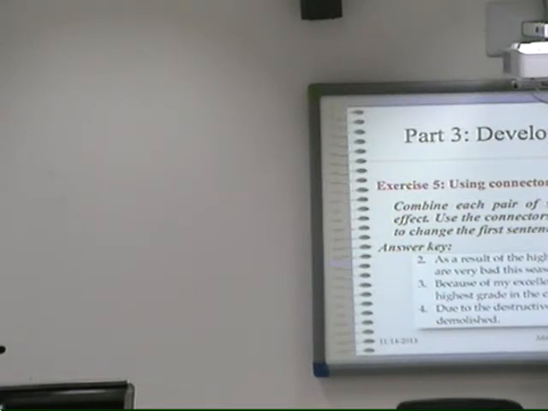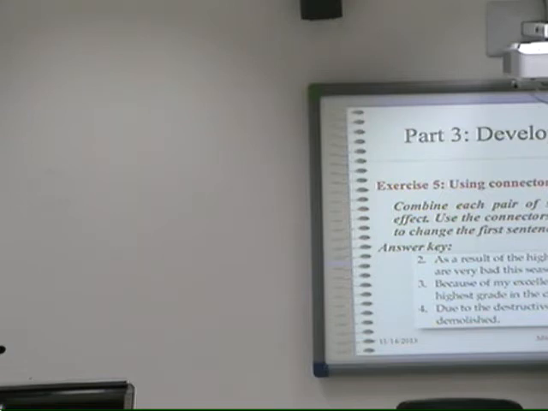Structure. Demolished. The building had to be demolished. Destructive fire.